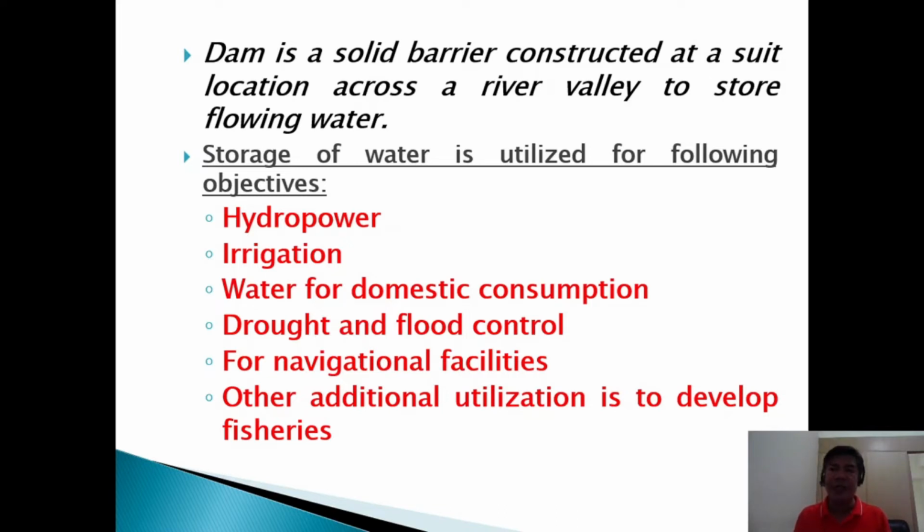So the whole province is not yet fully irrigated, but they are at present constructing new dams and irrigation facilities. So that's one of its objectives.